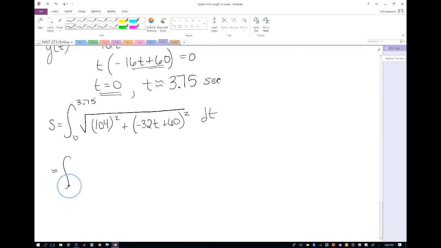So we need to try to simplify this as much as possible, see if we can work this out by hand. It's possible that we're not going to be able to. So 104 squared is 10,816. In order to square negative 32t plus 60, we technically need to write it twice and FOIL it.